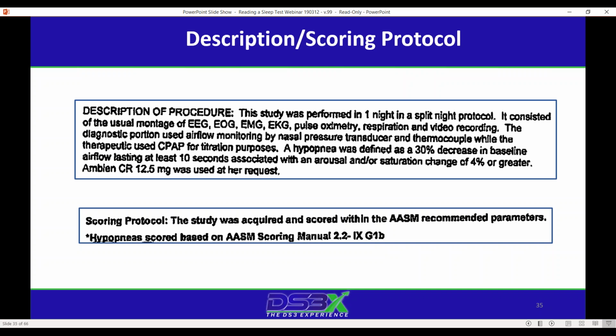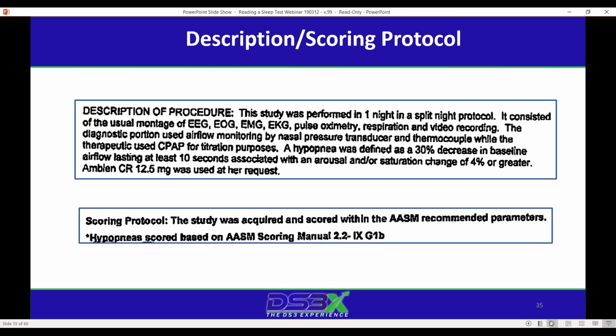So you can look, and here are the instruments that they use, the leads rather. And I have another example where it might just say they went by the AASM recommended parameters. So it just cites standardized parameters instead of spelling out exactly how they did this test. Anything on here you'd like to add, Rich? Good.